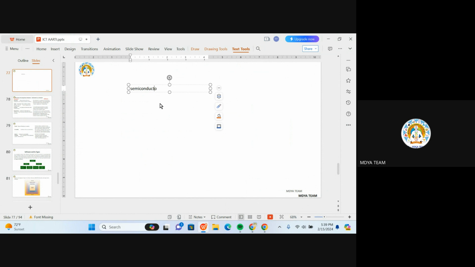I am collaborating all devices in one slide to help you memorize what the semiconductor devices, the magnetic devices, and the optical devices are. So it will be easy for you to differentiate between these devices.